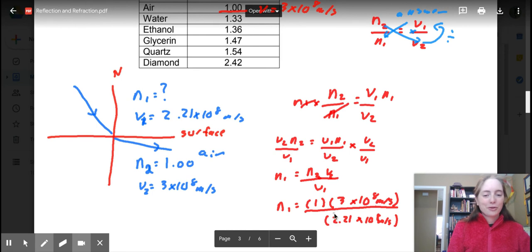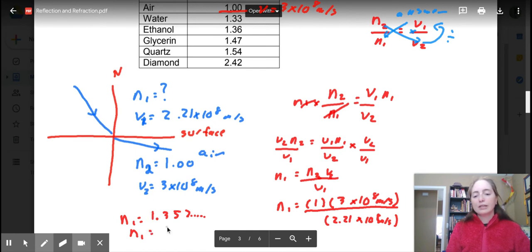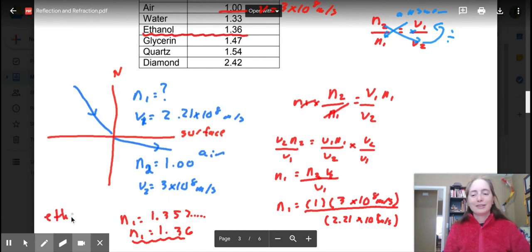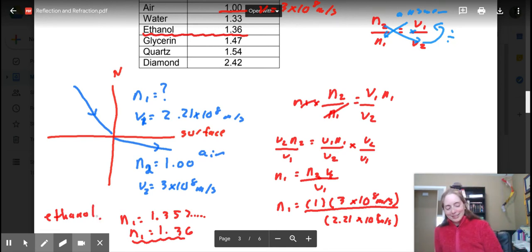So therefore, we have no units, and we are left with a value of n1 of 1.357... And as always, I want your significant digits, please. So 1.36. So now we're going to come up to the table, and hey, look here. Your substance is going to be ethanol. All right. So, ladies and gentlemen, what do you think? Not too shabby.